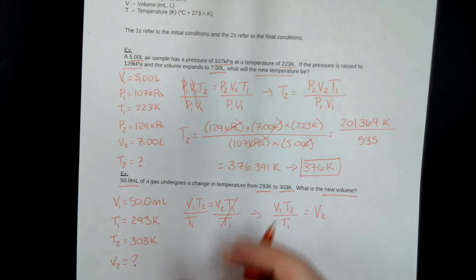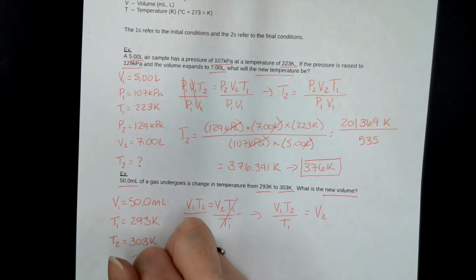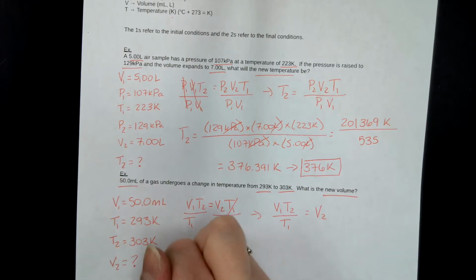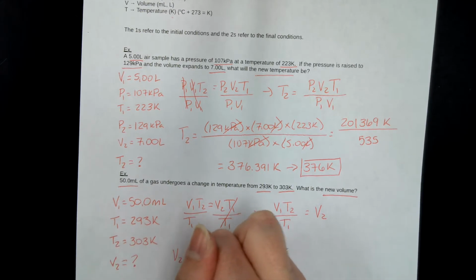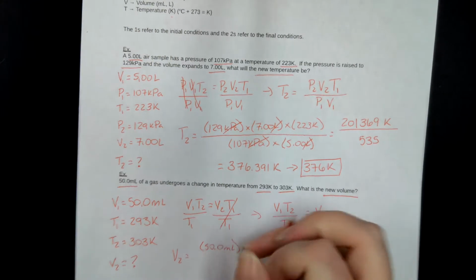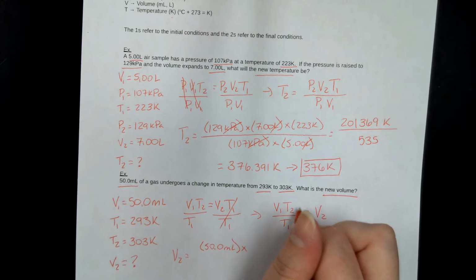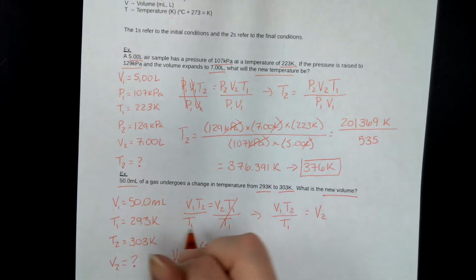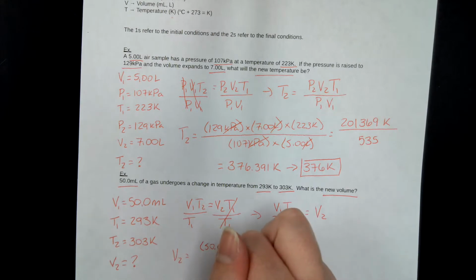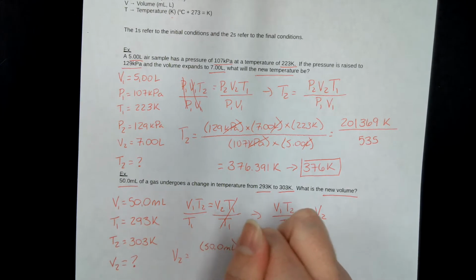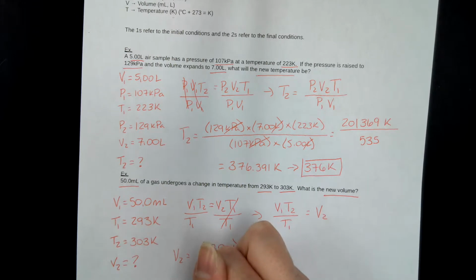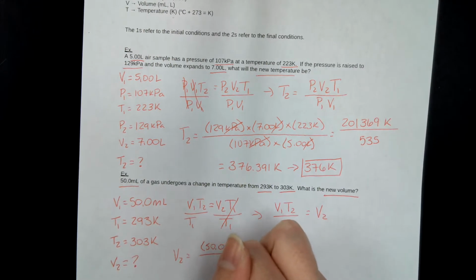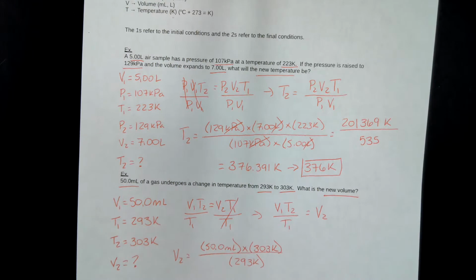So now I'm going to plug in my values. V1, 50.0 milliliters, times T2, which is 303 Kelvin, divided by T1, 293 Kelvin.